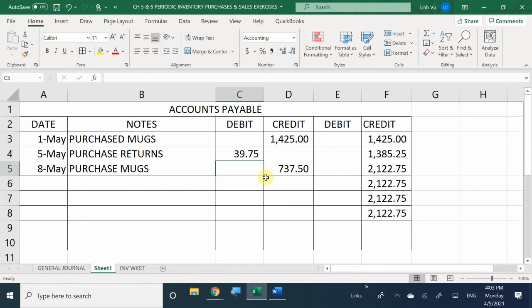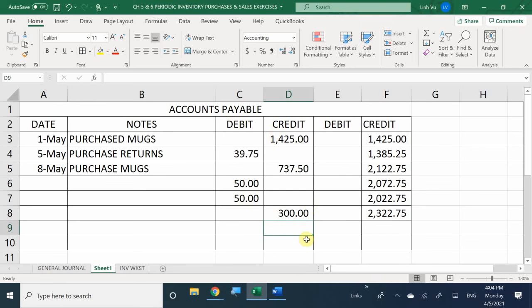If I put this formula in, let's say I have a credit of $50. If I type that in there, it's going to automatically calculate. So as long as I have these two things, if I say I have another return, it's going to keep decreasing my account. If I purchase another $300, it's going to increase my account.